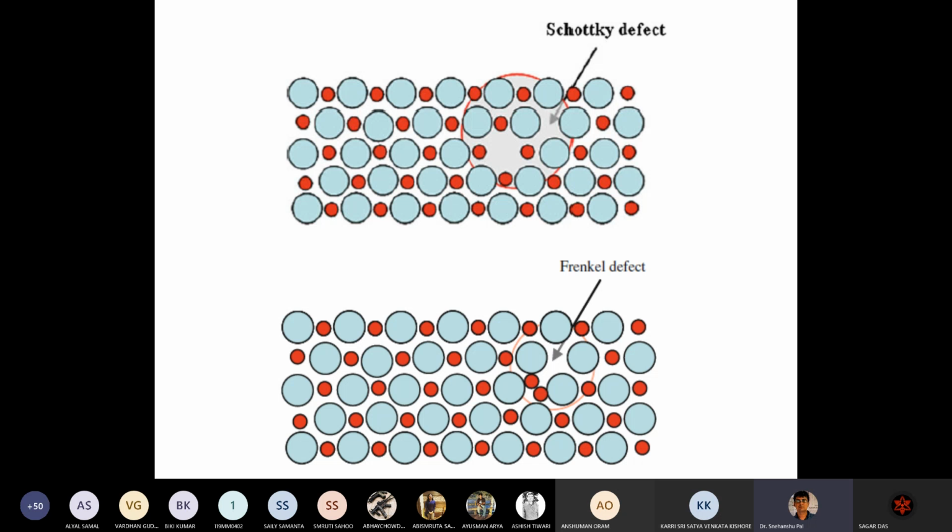So now we understood that there is really complex behavior we have to consider for defect chemistry with regard to ionic compounds.